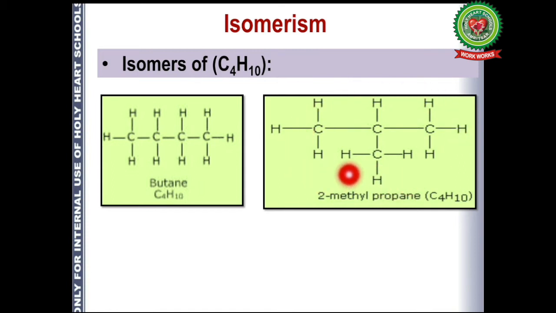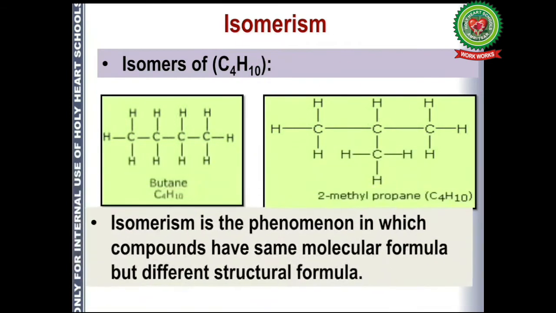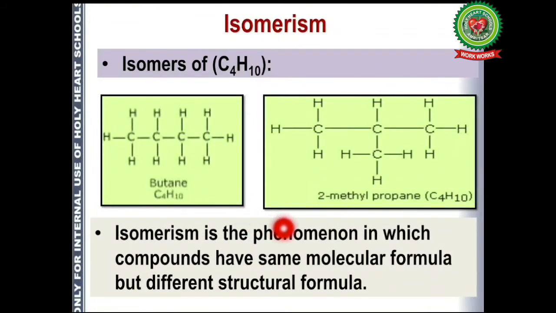But what we are finding is that the molecular formula is the same, that is C4H10, but the structure is different. So the structural formula is different and the molecular formula is the same. Such a phenomenon is known as isomerism. So what is isomerism? Isomerism is the phenomenon in which compounds have the same molecular formula but different structural formula.